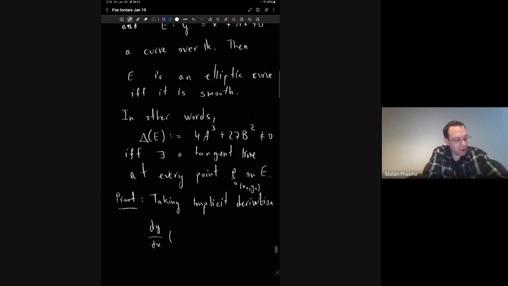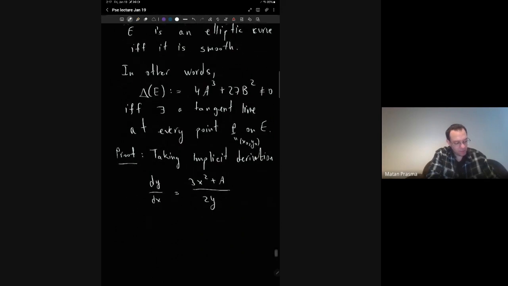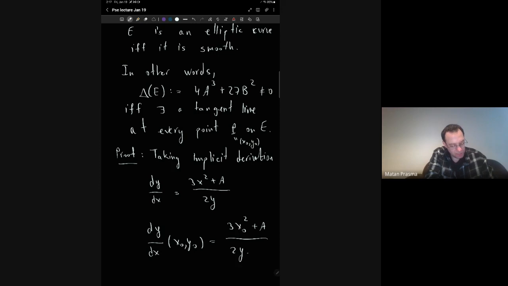So dy over dx in general will simply be 3x squared plus a divided by 2y. This means that dy over dx at x0, y0 is simply 3x0 squared plus a divided by 2y0.